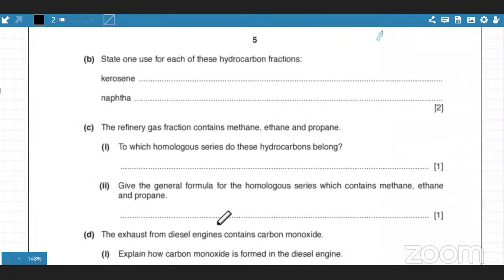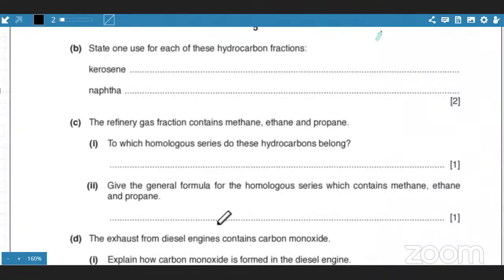Anyways, the next part of the question is: state one use for each of these hydrocarbon fractions. Kerosene. Kerosene is airplane fuel. Then you have naphtha. Naphtha is feedstock in the chemical industry.